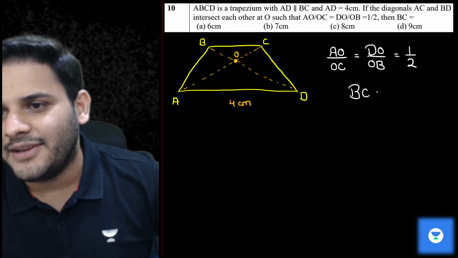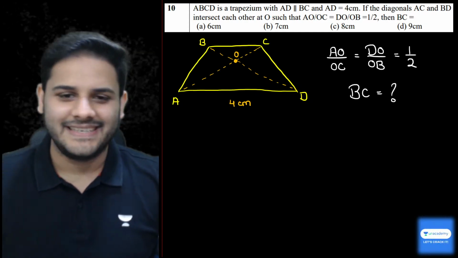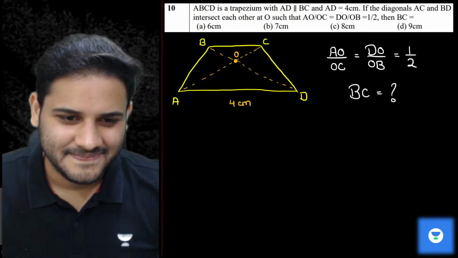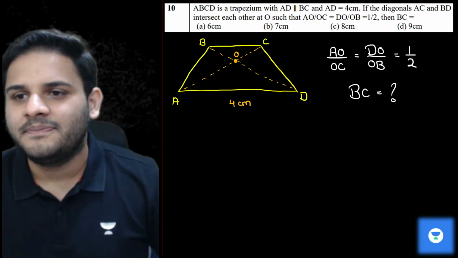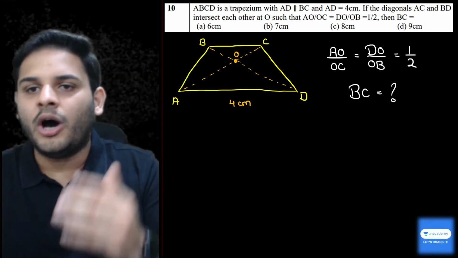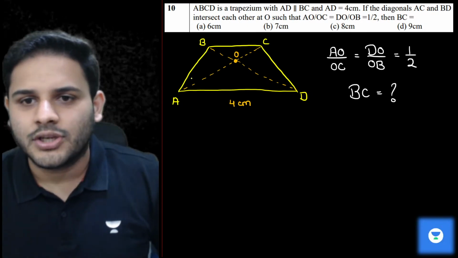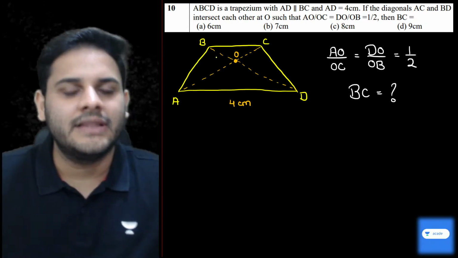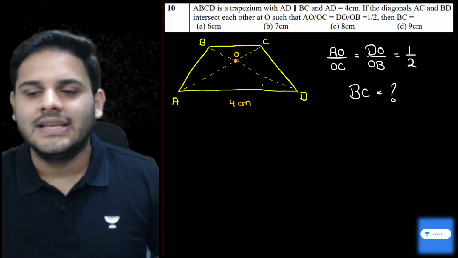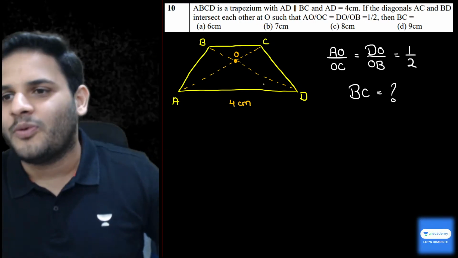What is the value of BC? What is the value of BC, people? AO upon OC. So this upon this is equal to this upon this, and it is 1 by 2. So BC will be equal to what?